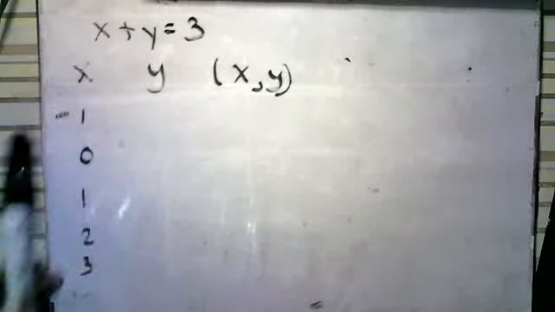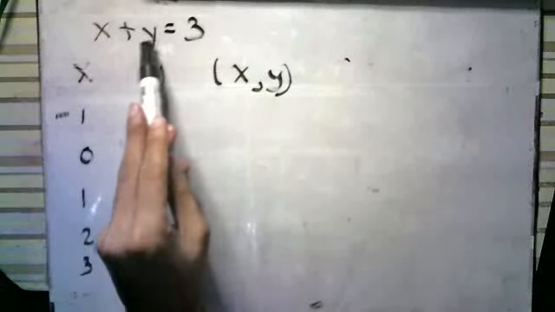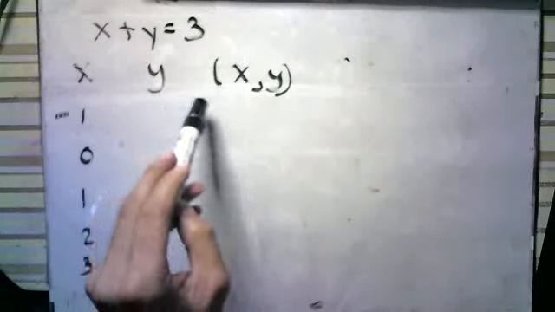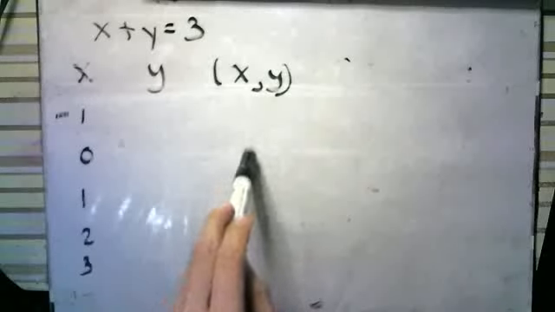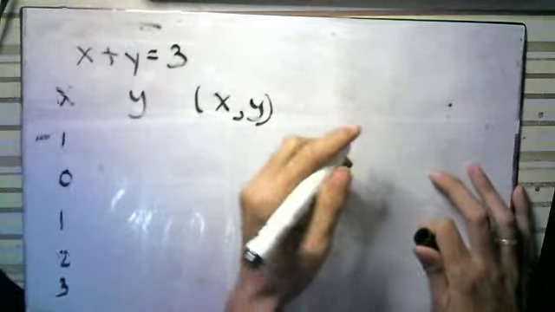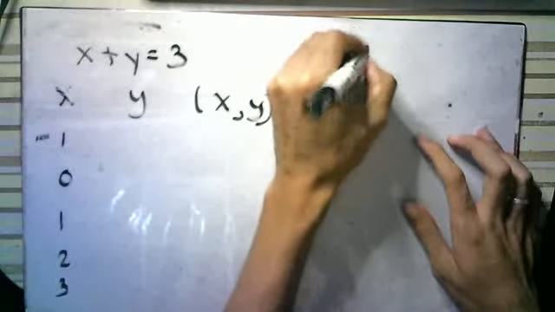Right now, all you need to do is to substitute those values of x on the given equation, x plus y is equal to 3, in order to find the value of y and to write properly our 5 ordered pairs because we have 5 given. Let's start with negative 1. First, you need to write the equation. X plus y is equal to 3.